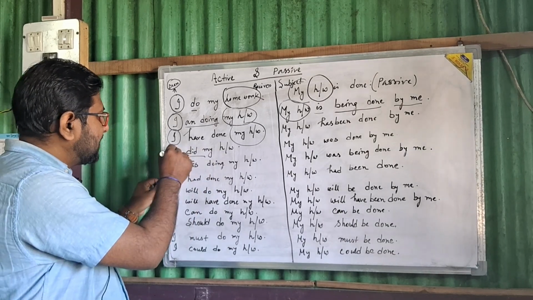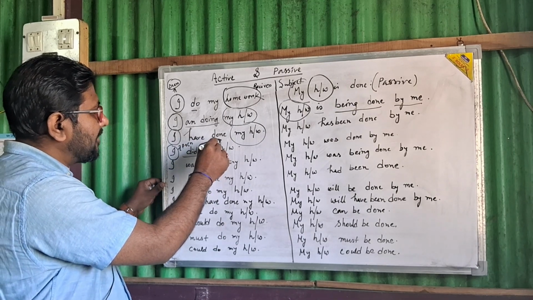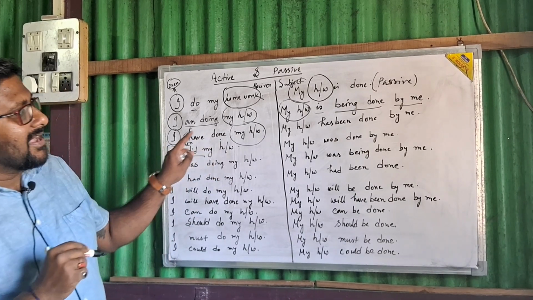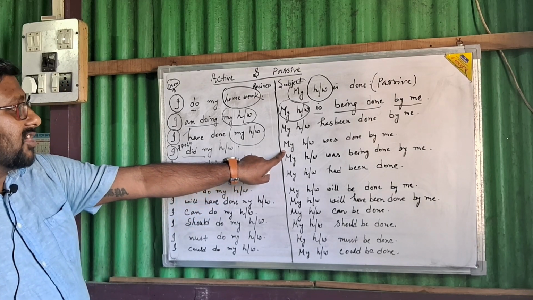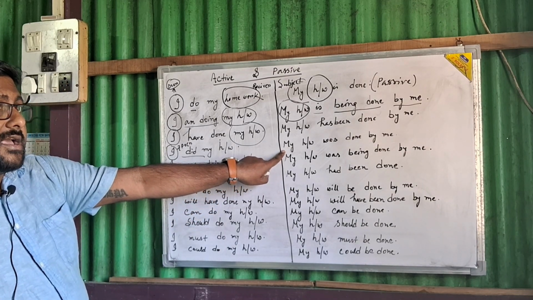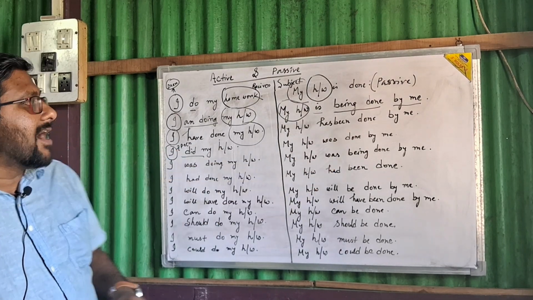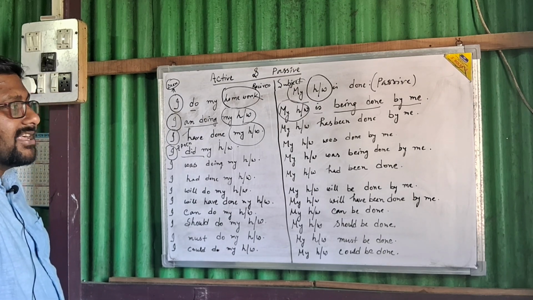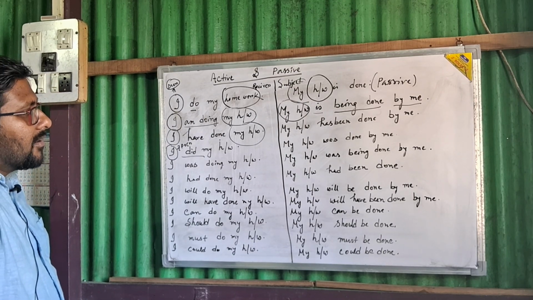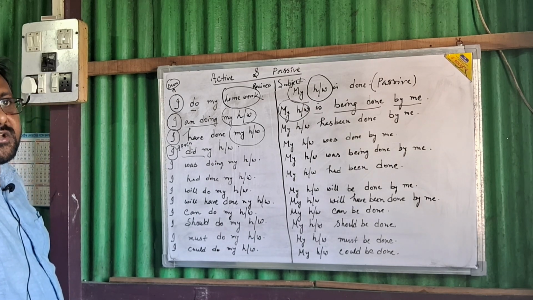I is the doer of the action and homework is the receiver of the action. So let us make my homework the subject: my homework was done by me. So I did not change the tense here. I kept it in simple past itself. However, I just changed the object into the subject.